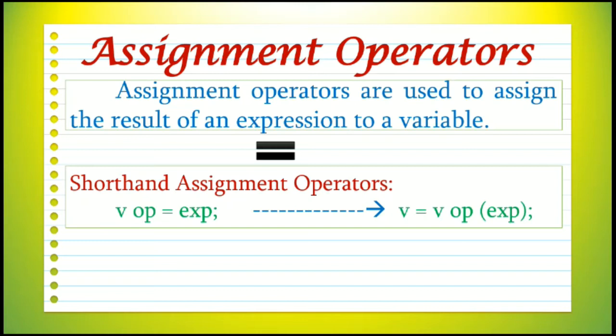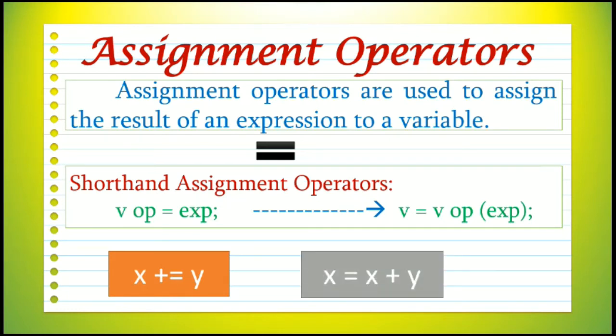The operator OP= is known as the shorthand assignment operator. V OP= exp; is equivalent to V = V OP exp. For example, x += y is the same as x = x + y.